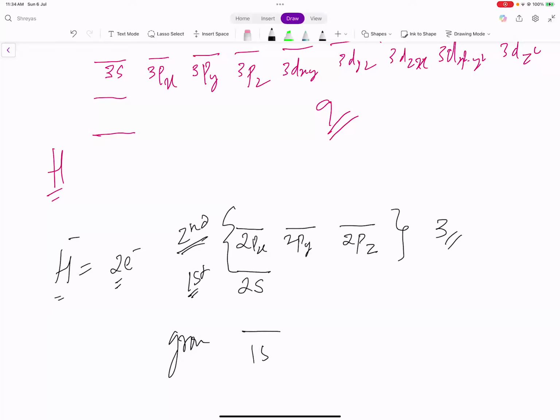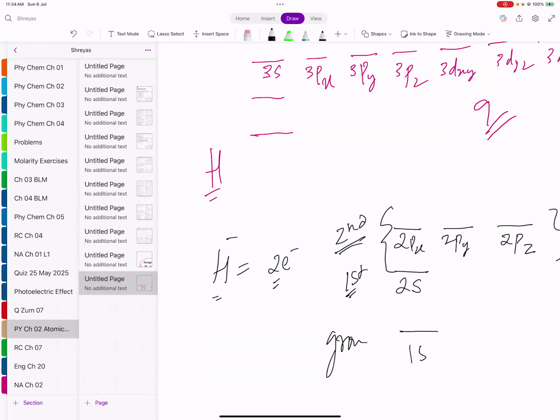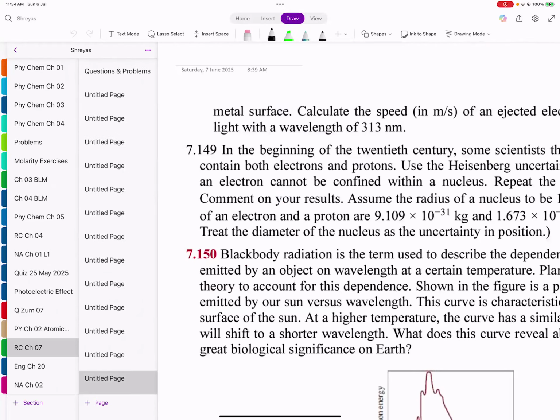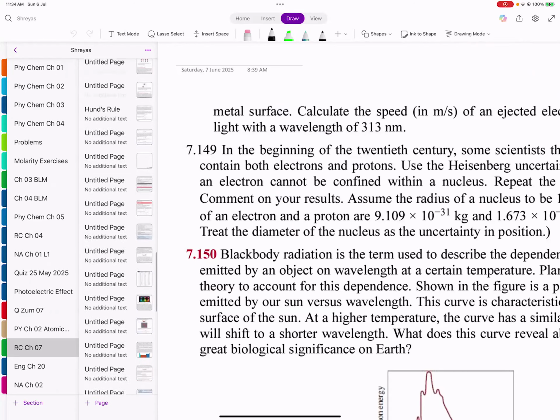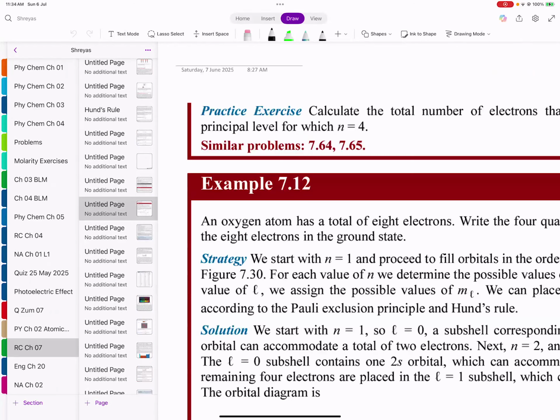Because we just discussed this, right? We said that in multi-electrons, n plus l value decides the energy levels, right? So 2px, 2py, 2pz will come on the top, right? This is what we discussed here today, while drawing so many electronic configurations.